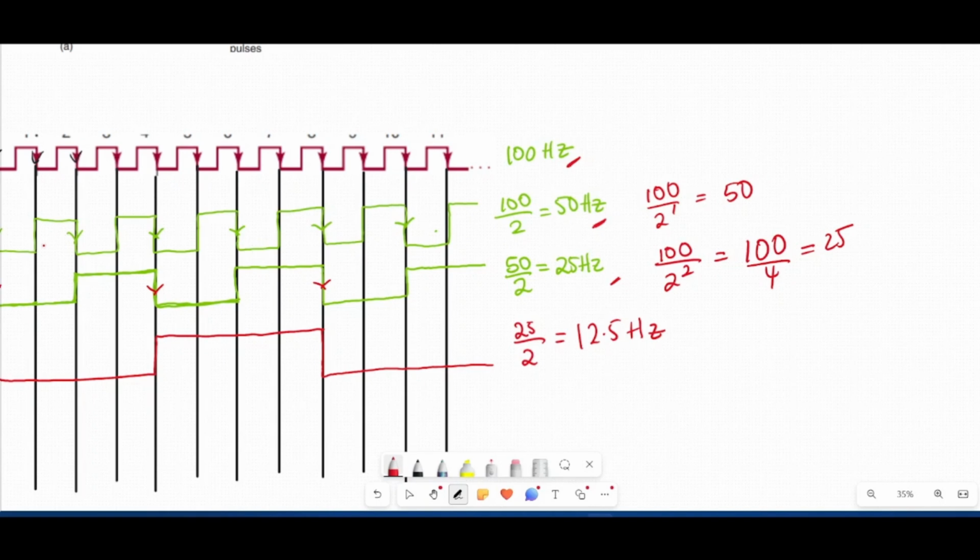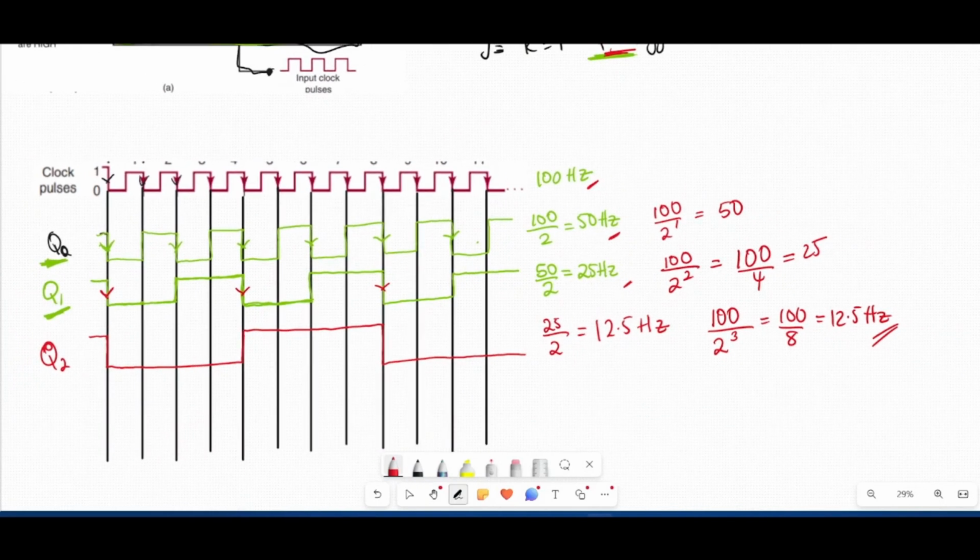And the last flip-flop divides the frequency by 2 raised to power 3. Sorry, it's going to give us 100 divided by 8, which is equal to 12.5 Hz. So this is how the JK flip-flop can be used in frequency division.